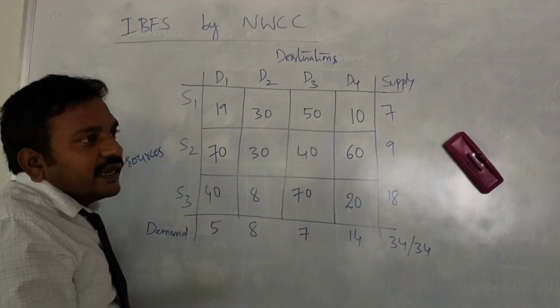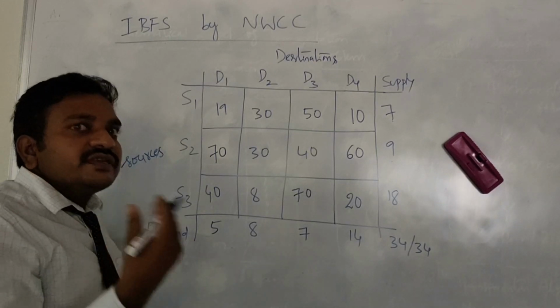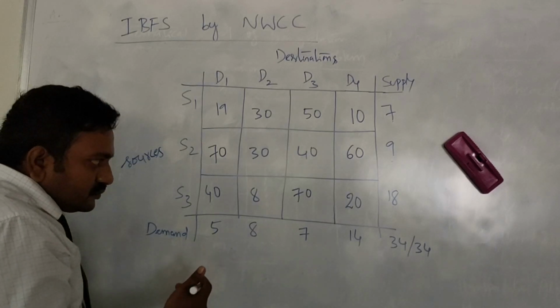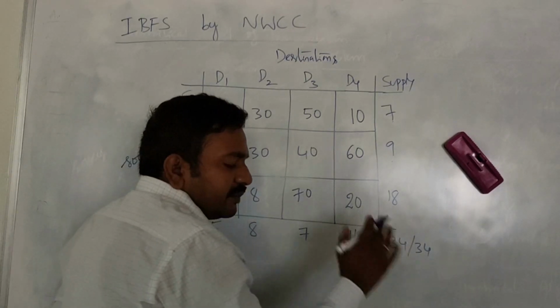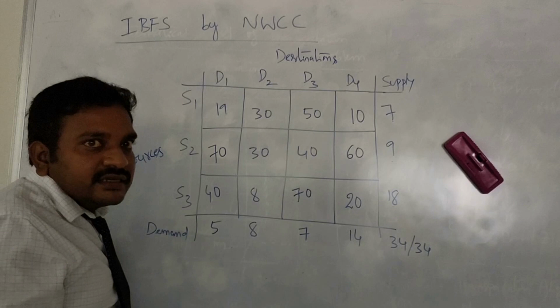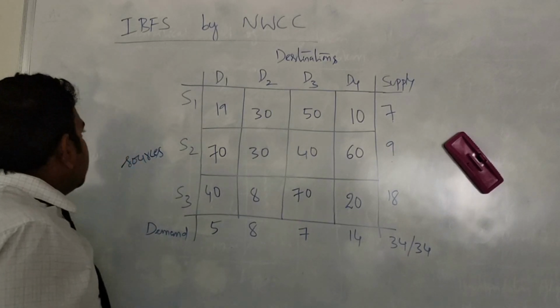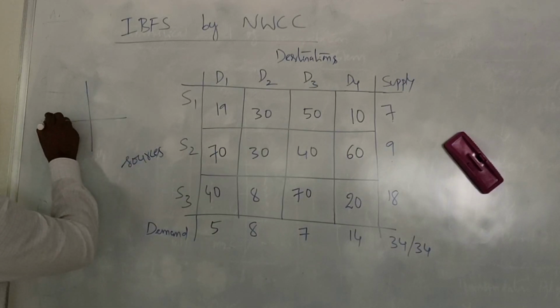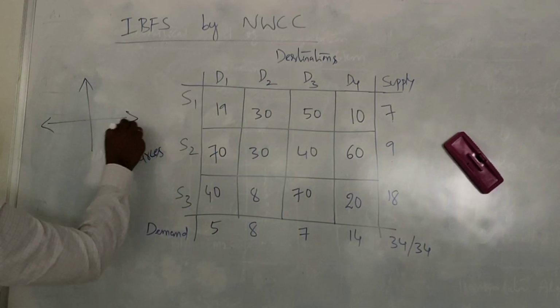How do we deal with an unbalanced transportation problem? We will see that in a separate video. Now, it met the condition that it is a balanced transportation problem. The northwest corner cell method is only position specific.